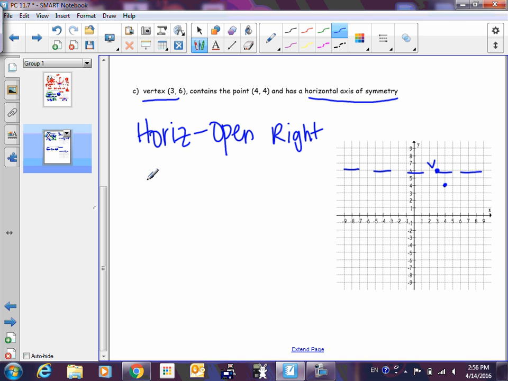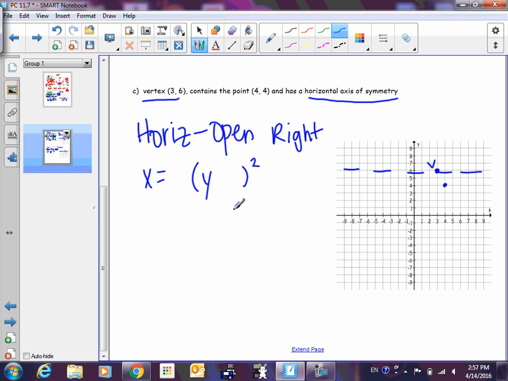Let's just write down what we have here. We have x equals. I don't know what a equals yet. I know that a is positive because this opens to the right, but I'm going to leave a blank here for now. Let's make sure we know. This is kind of review from the last problem.